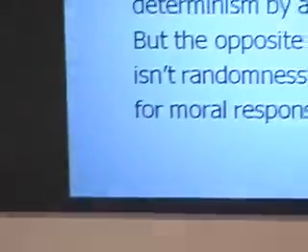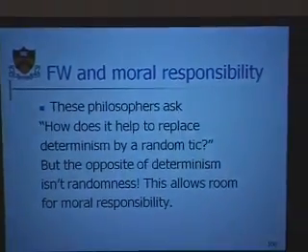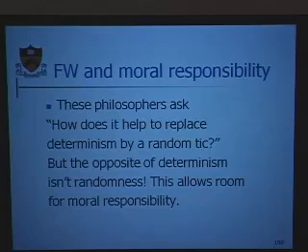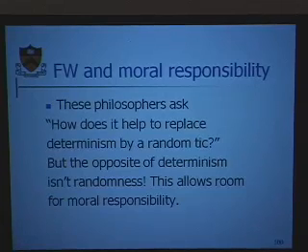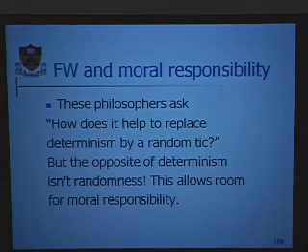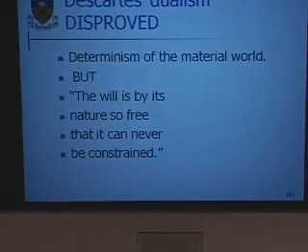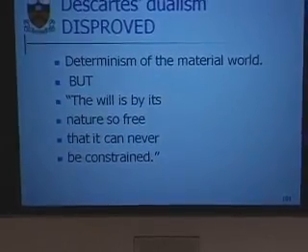That free behavior is neither deterministic nor random. And at least you can see that that might open the door to questions of moral responsibility. Maybe we can be responsible for our actions because they're free, whatever that means. I won't pretend to know very much about what it means. It's a subtle question.